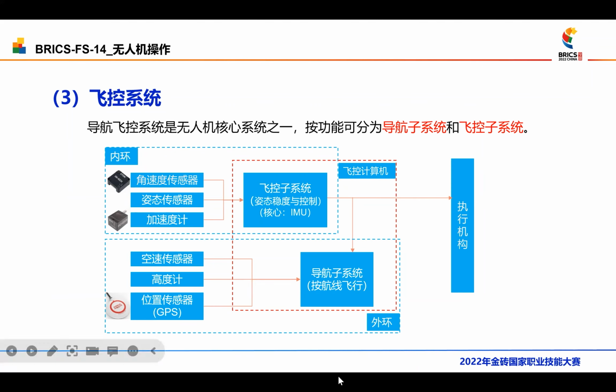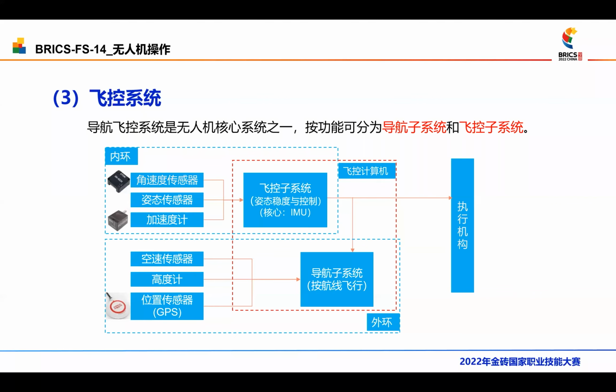How about the navigation subsystem? It mainly enables the UAV to fly according to the route, including airspeed sensor, altimeter, and position sensor.